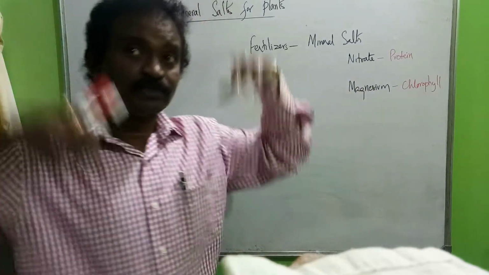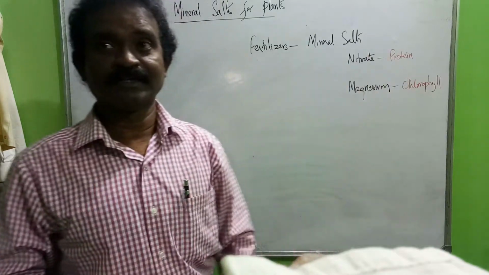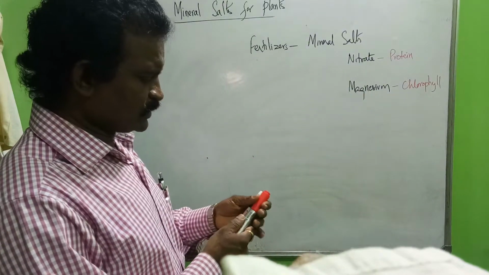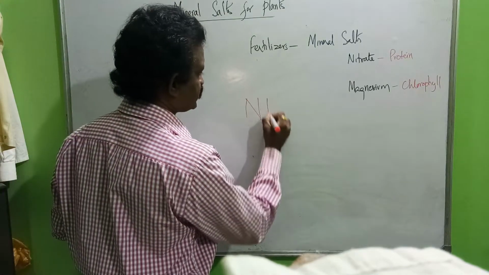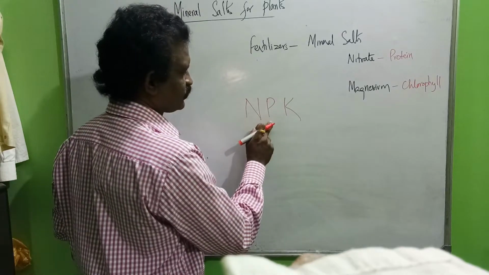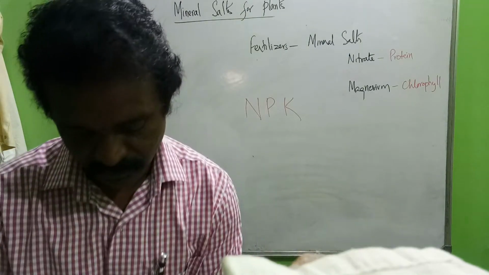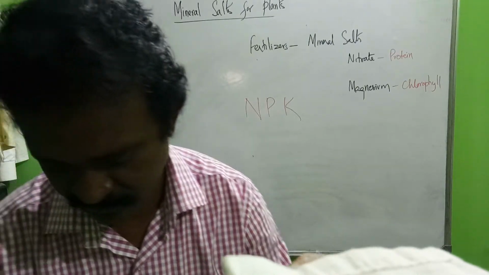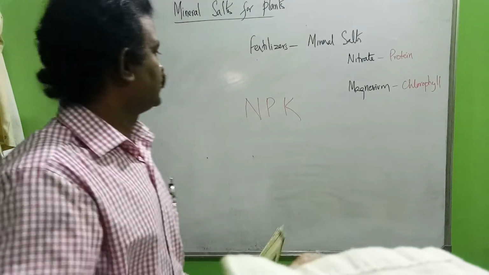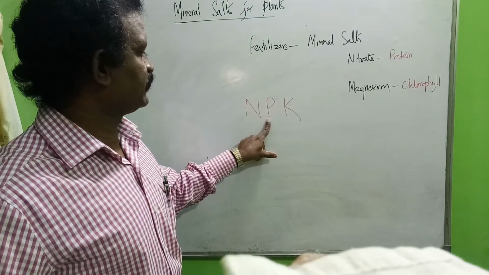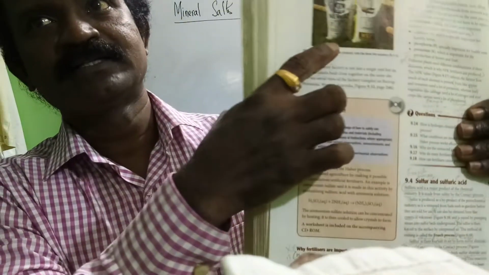Now, if the plant is not grown tall or healthy, that means nitrates are not there. As you come to higher studies, we come to know NPK: nitrogen, phosphorus, and potassium. If you go to any shop and say your soil is not having NPK, it has to be balanced, they give you NPK bags like this.